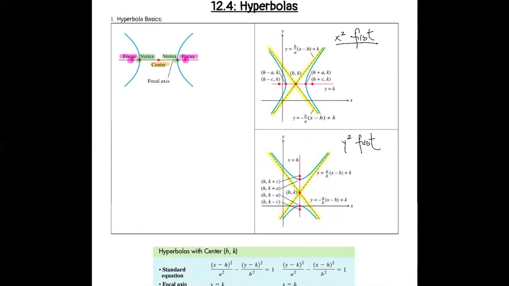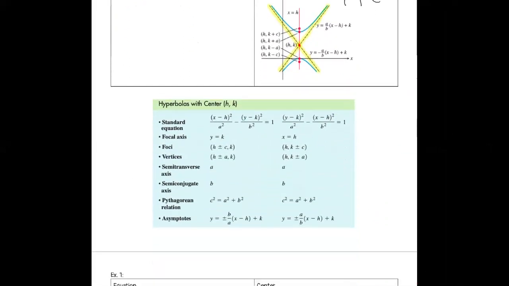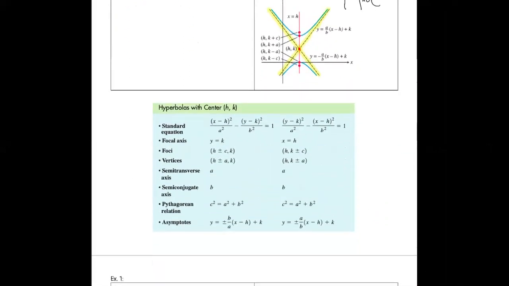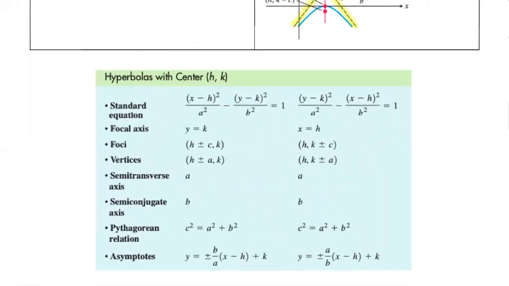So that top picture is probably good for those of us who are pretty visual, and maybe this bottom table is helpful for those of us who like to deal more with equations, okay? But you'll notice one big difference between the hyperbola and the ellipse equation.